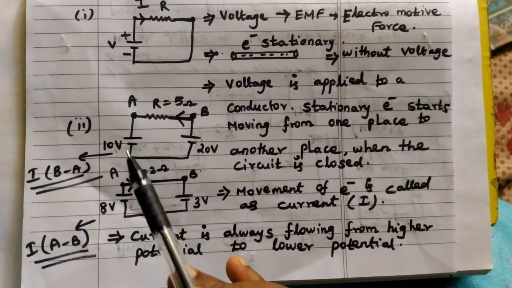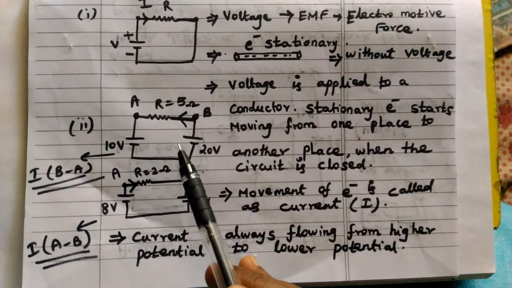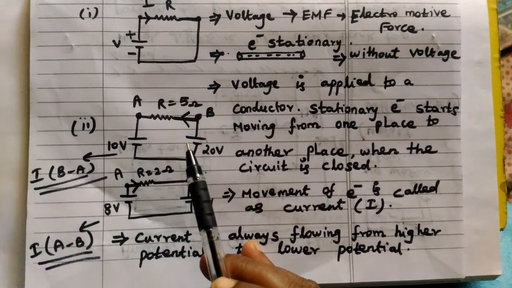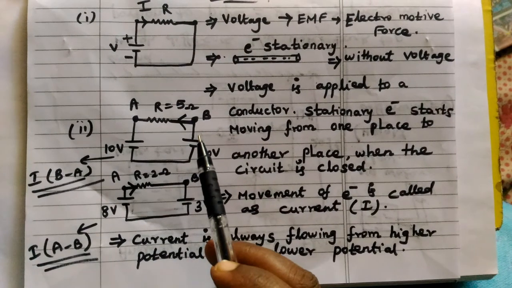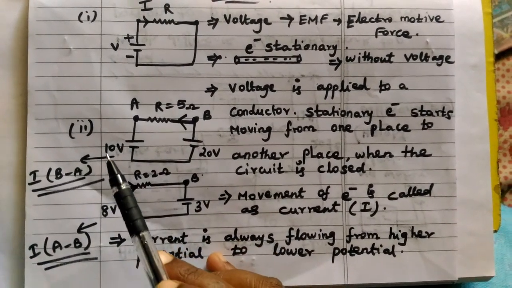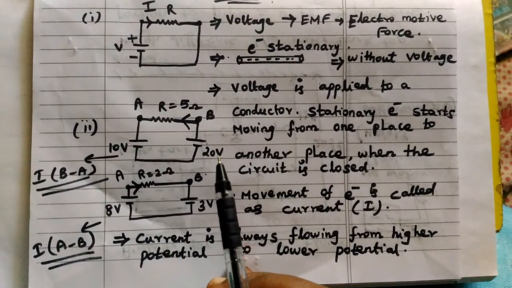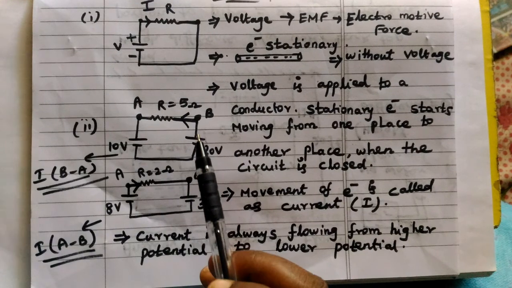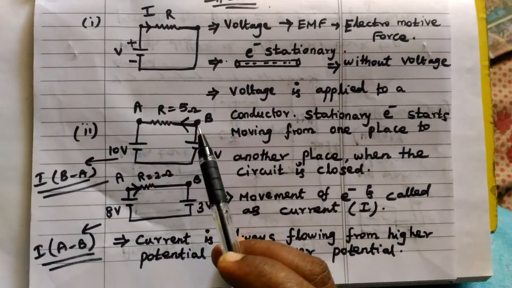For this type of circuit, the current direction is identified using a trick, right? Normally the circuit has more than one source. Current always flows from higher potential to lower potential. In this circuit, the lower potential is 10 volt and the higher potential is 20 volt. So the current flow direction is from 20 volt to 10 volt. This is the current flow direction.